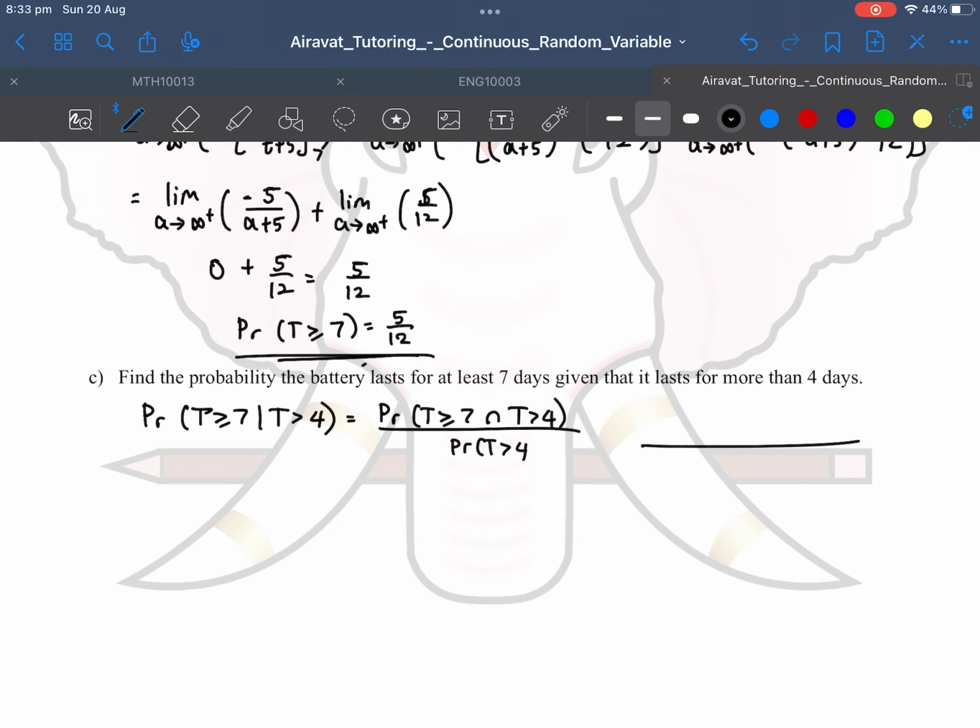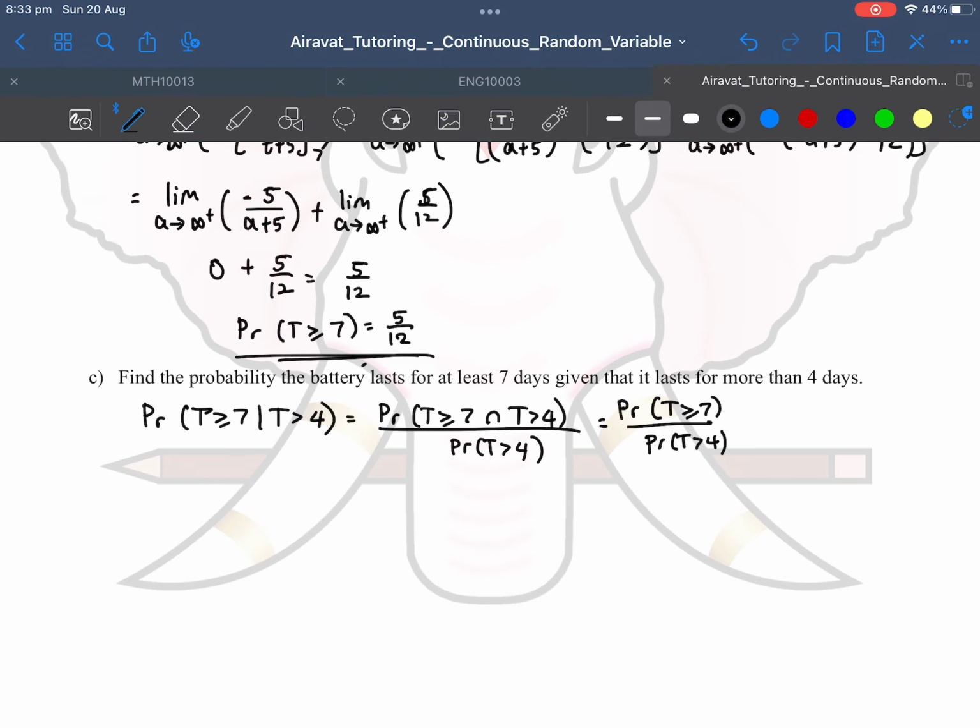Again, draw the number line, so 4 all the way to infinity, and 7 all the way to infinity. Now they want the intersection part of it, as you can see here. So they intersect after this point over here, which means that it's going to be the probability of t greater than or equal to 7 divided by the probability of t greater than 4.